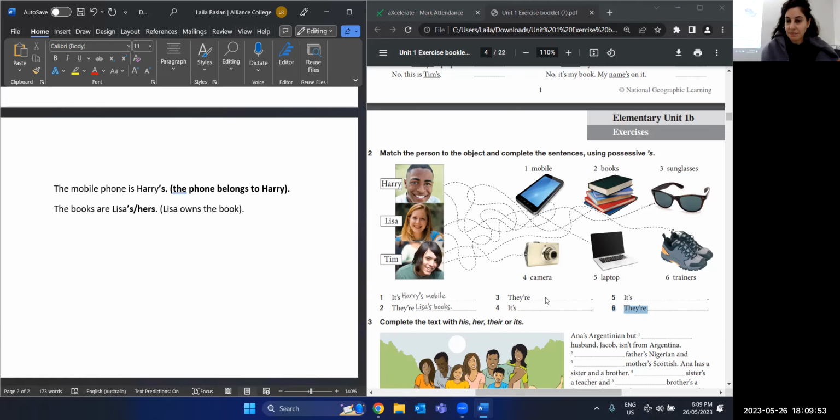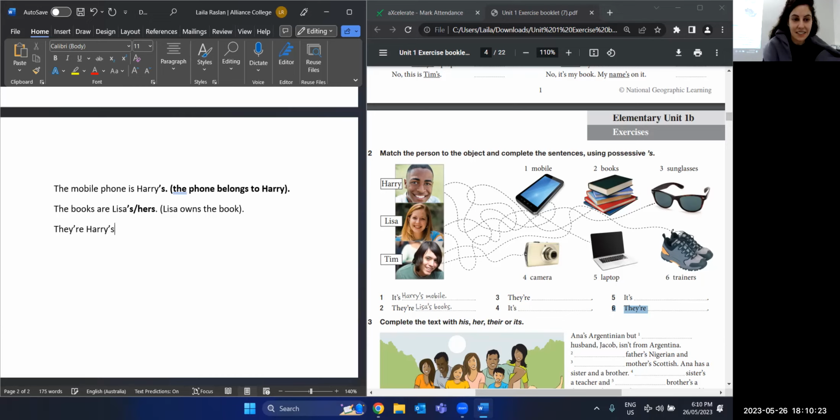Number 3, the sunglasses. So what do we know about the sunglasses? How do we put that in a sentence? The hard part. Tell me in a full sentence.